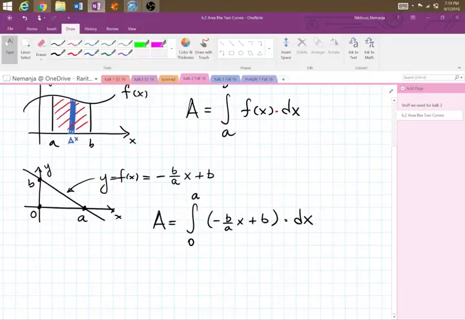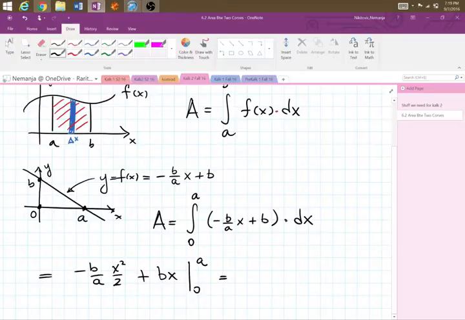So now all we need to do is to integrate. It's a linear term, so negative b over a times x squared over 2 plus bx computed from 0 to a.